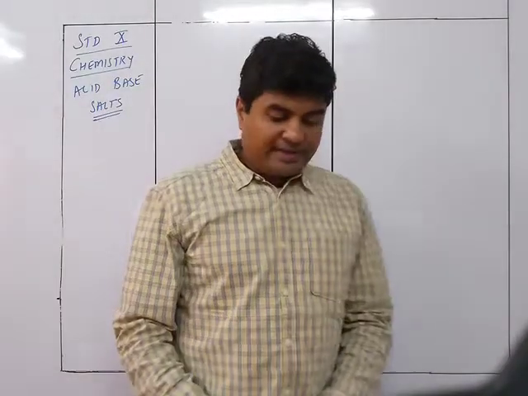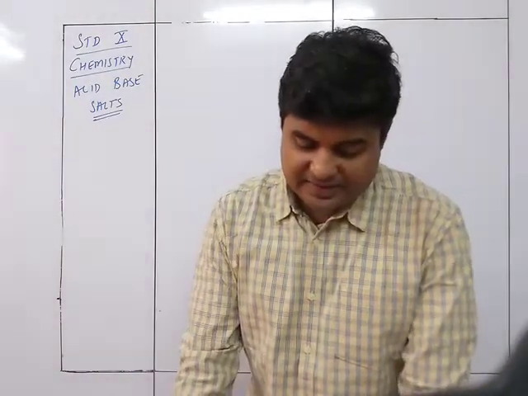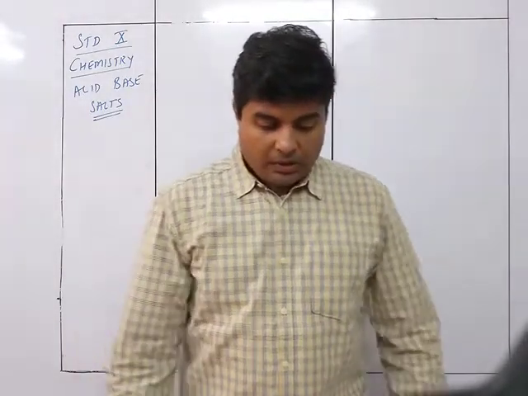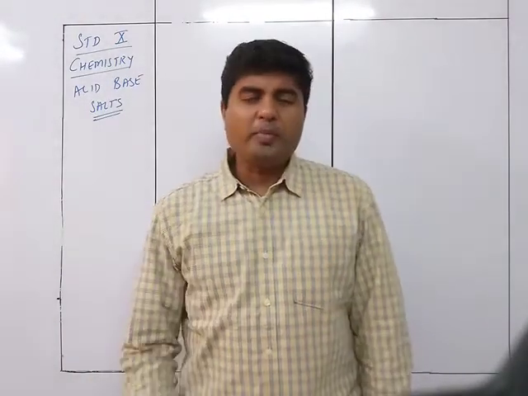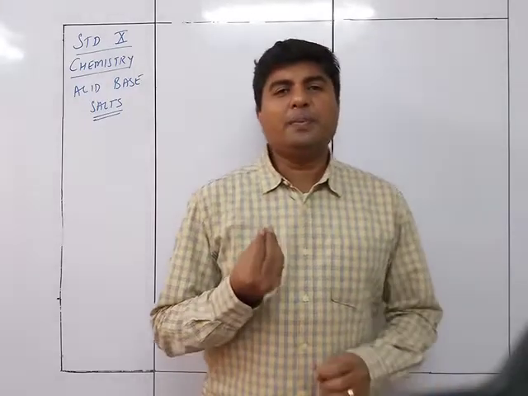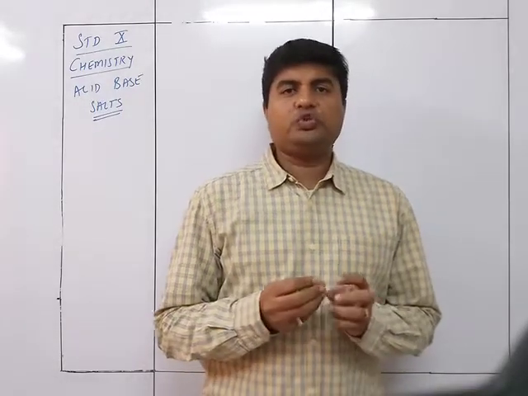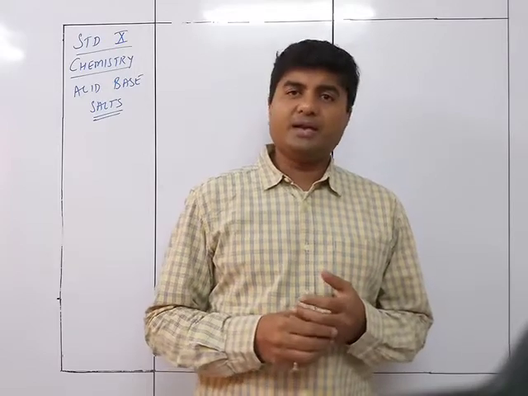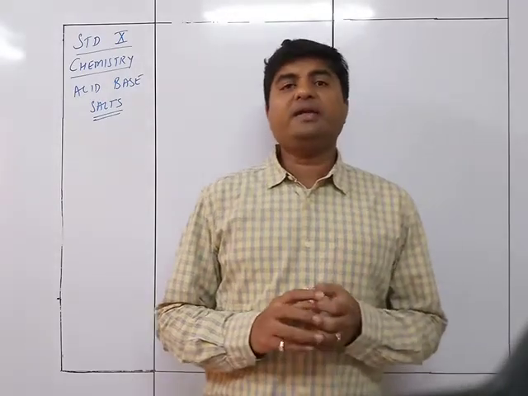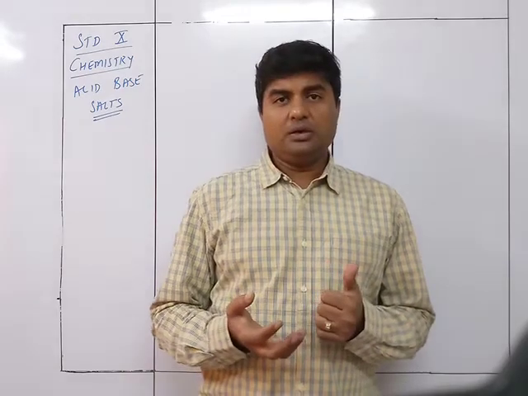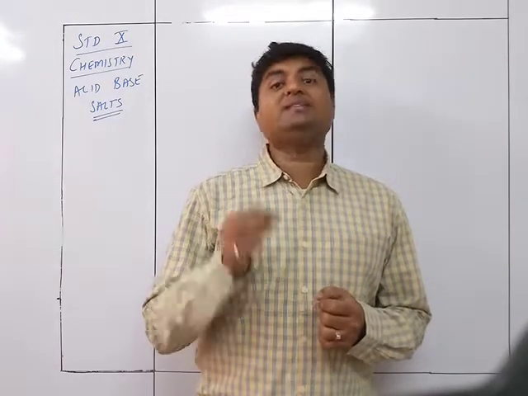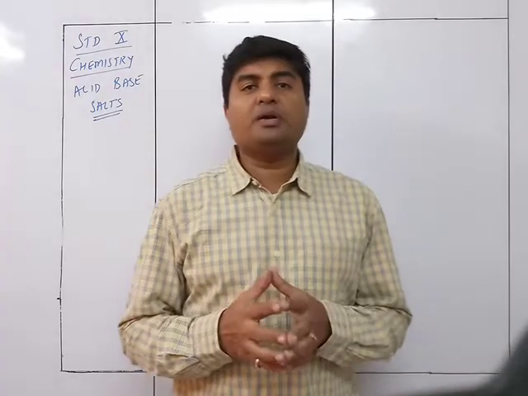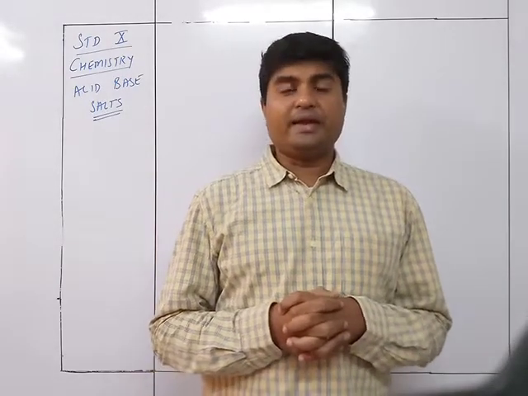Now we move on to the next part of the chapter, acids, bases and salts, and that is indicators. Now, what do you mean by indicator? A particular kind of chemical which, when used with an acid or a base or any other compound, changes its color every time in the same manner, can be used as an indicator.